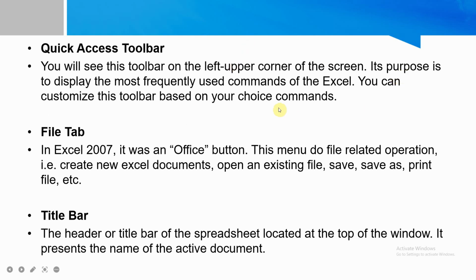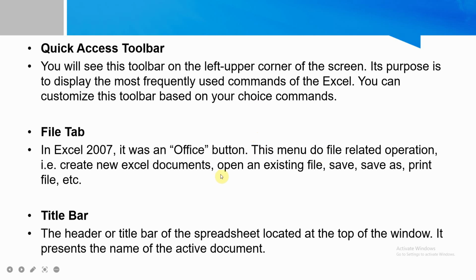Its purpose is to display the most frequently used commands in Excel, and you can customize this toolbar based on your choice of commands. The 2007 version still has its file tab, but in current versions, the buttons are usually added to other tabs. Tabs that are somewhat redundant are combined into one tab, and the commands you don't usually use are taken out and placed as an option instead.